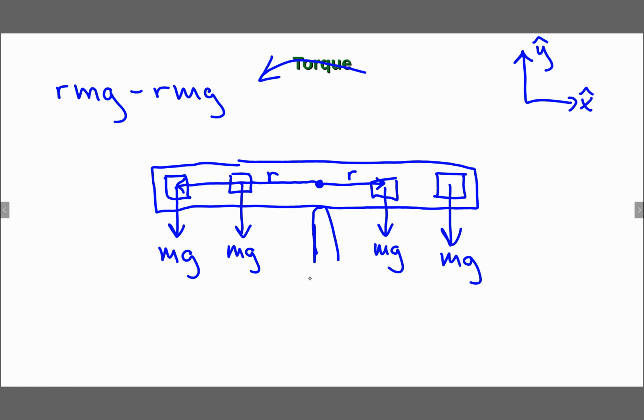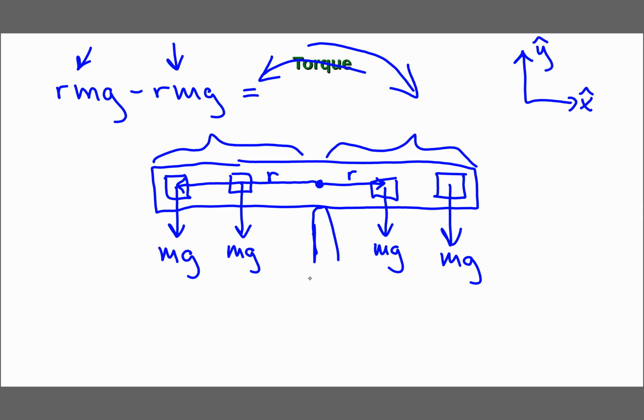And this one on the right side over here gives us this clockwise rotation, right? Negative in our right-hand system. And when these are the same, so when I add up all the masses over here, and I add up all the masses over here, what we end up with is that this term and this term are equal, and we get equals 0. And this means that our angular acceleration is 0, or that the ruler balances, okay?